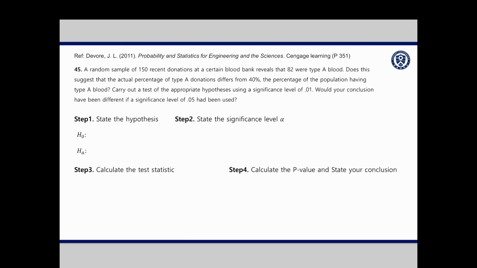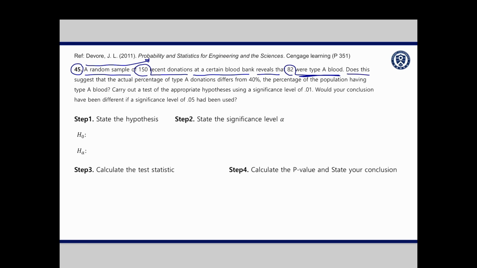Question 45 is selected from the supplementary textbook. A random sample of 150 recent donations at a certain blood bank revealed that 82 were type A blood.